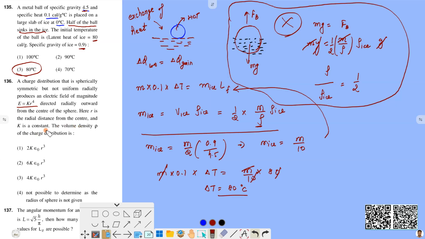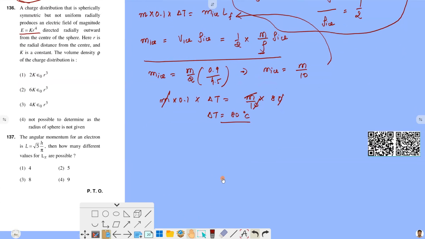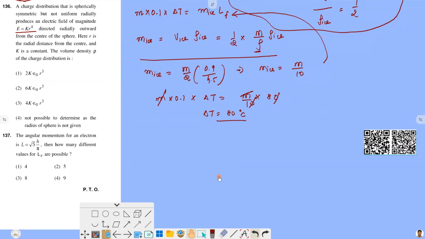So for this type of expression, suppose rho of r is the required volume charge density, and it is equal to A into r raised to power n, where we have to calculate both A and n.